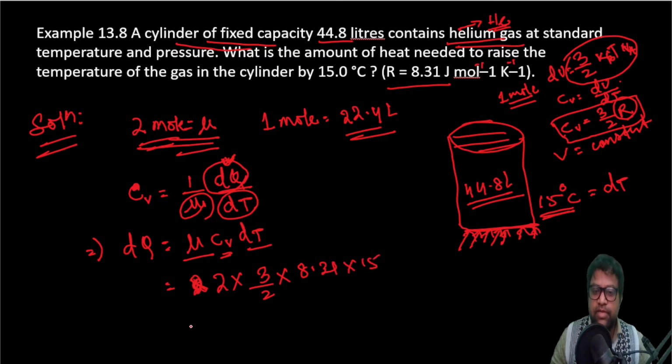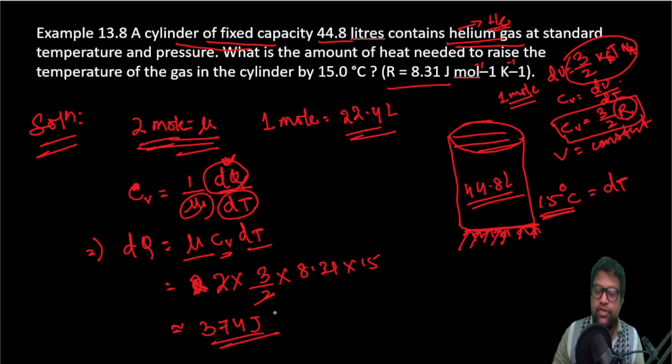So just multiply all these numbers and you should get it around, you check it, that number should be approx 374 joule. If you multiply all this, one will be cancelled out, so it should come approx 374 joule.